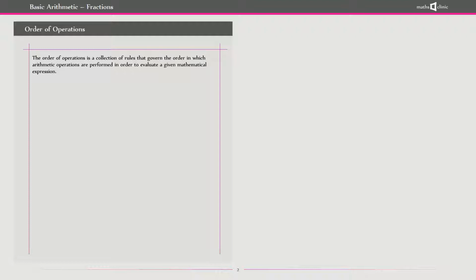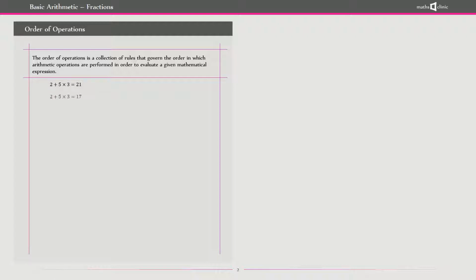Very simply put, I have this expression here. I've been told to find 2 plus 5 multiplied by 3. Basically I've gone 2 plus 5, that's 7, and then I multiply that by 3. 7 times 3 gives me an answer of 21.